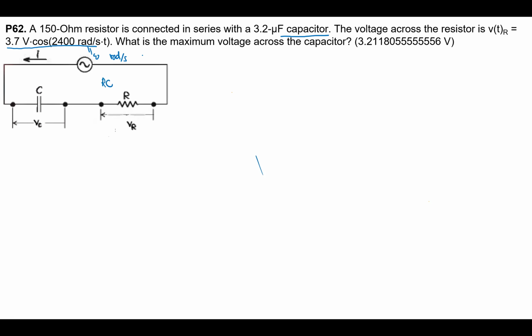What might be confusing is that frequency is given in hertz, and omega should be 2 pi times f. f is 1/second, so you get radians per second units.